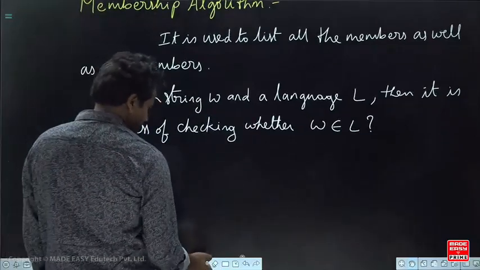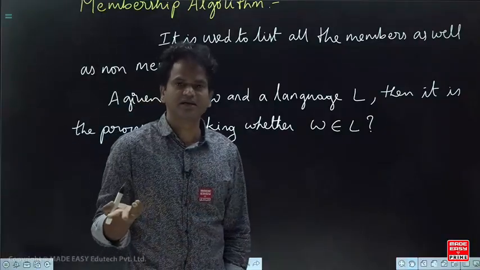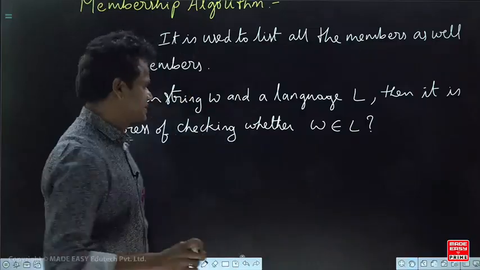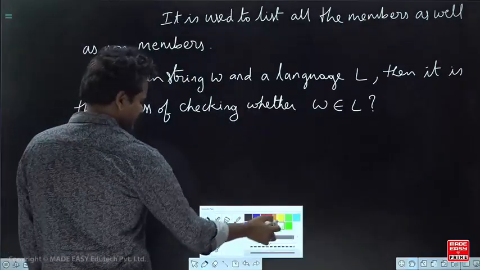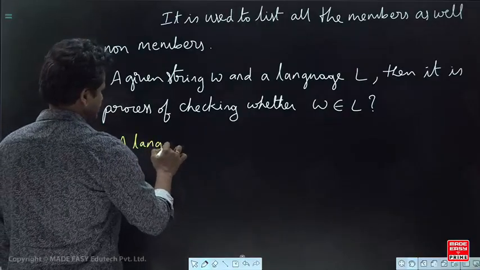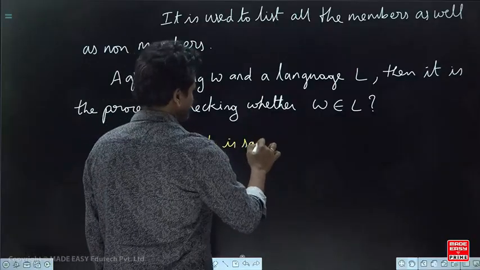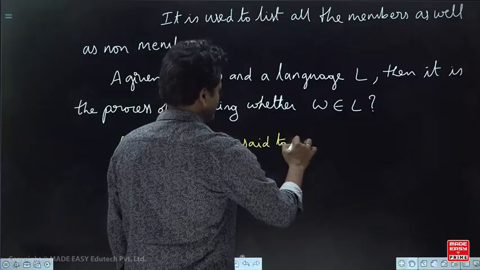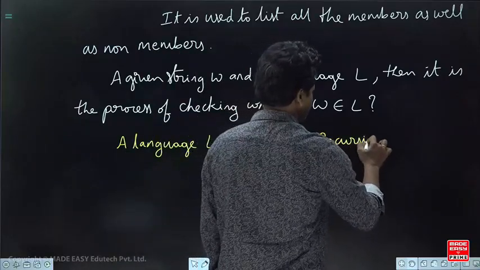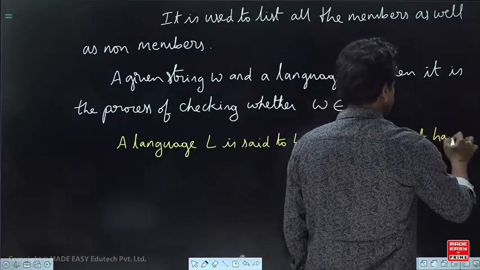So if a language L has membership algorithm, then it is said to be REC, because decidable languages only will have membership algorithm. I repeat, a language L is said to be REC, recursive, if it has membership algorithm.